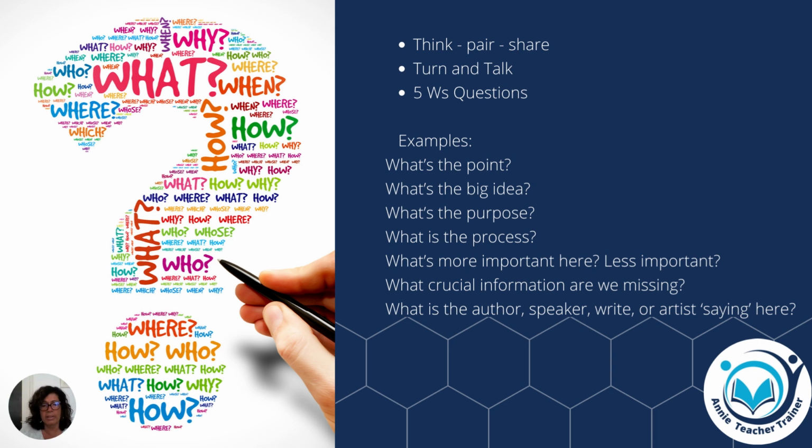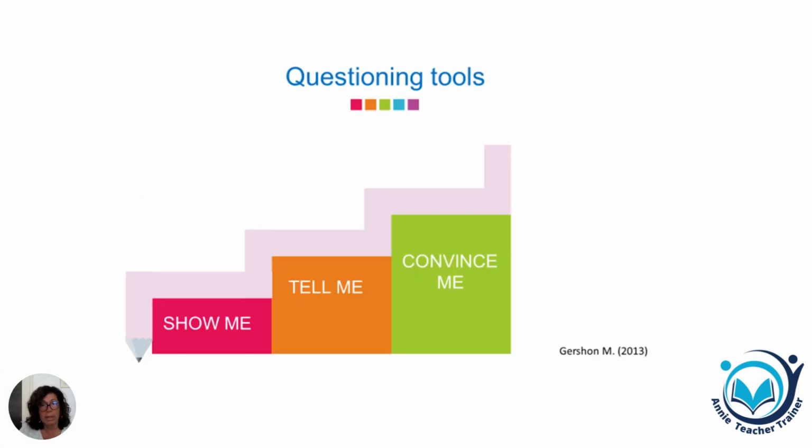Then you have another very simple technique and also very effective, the show me, tell me, convince me. We say to some learners, for example, can you show me what the answer is? Or can you show me what you think the right way to do this is?